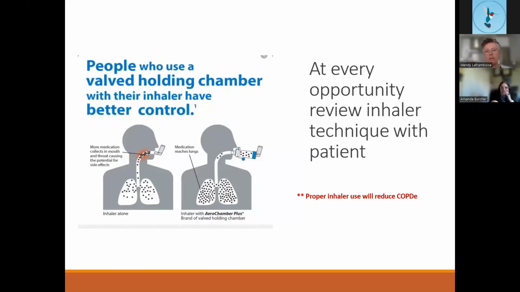By using the AeroChamber, the majority of the medication actually gets deep into the lungs as opposed to the back of the throat, and a lot of patients will complain of a hoarse or sore throat. When I talk to patients, I point out these medications do cost money, and you want the best bang for the buck, so to speak, as far as getting the best delivery of medication.